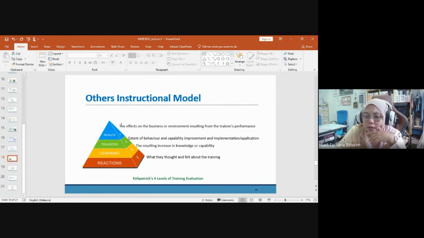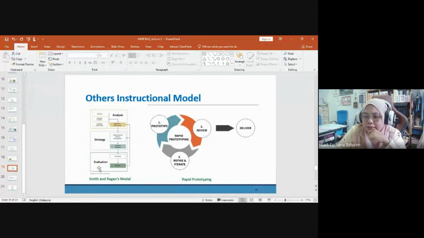And the last one is the results, the effect on the business or environment resulting from the training performance. Business here is the goal of our teaching and learning process, the objective.